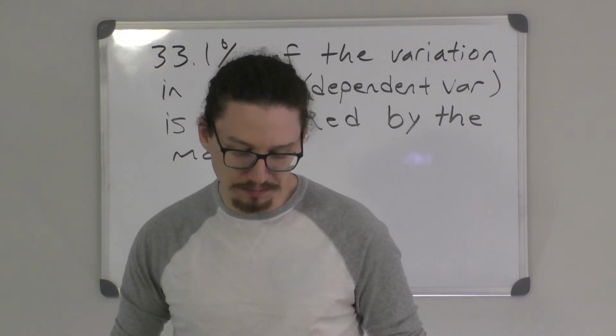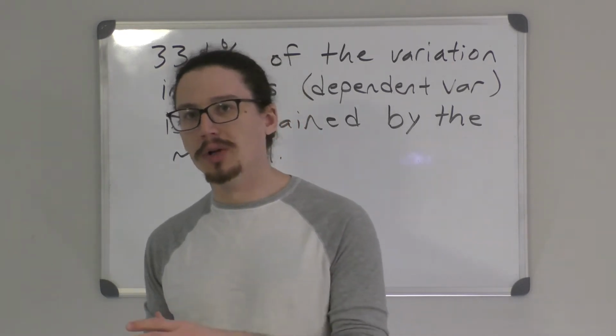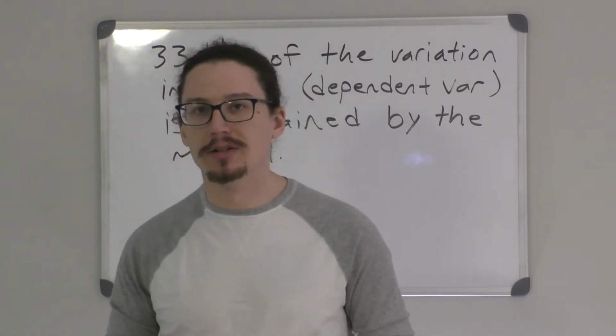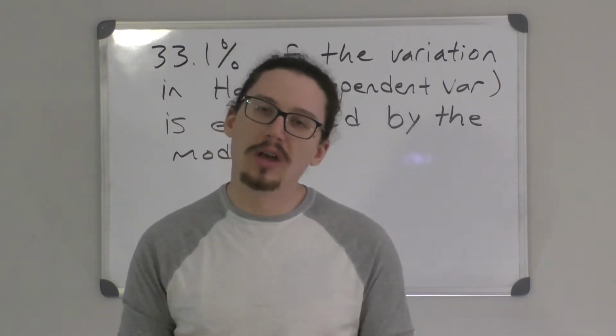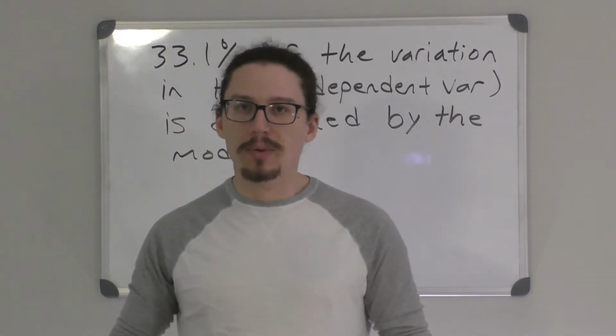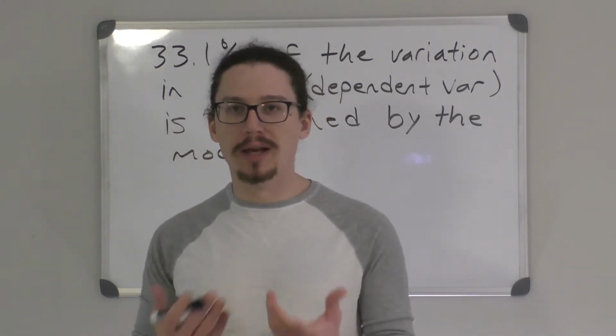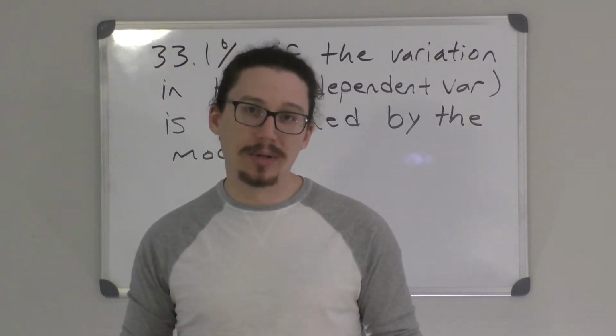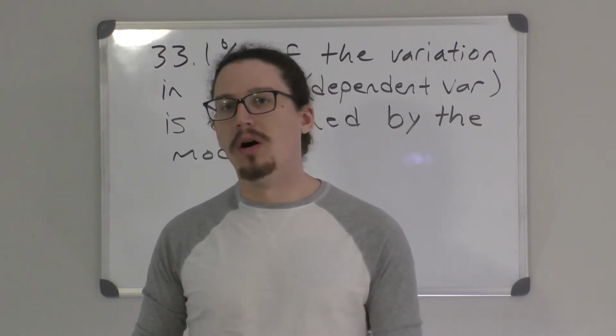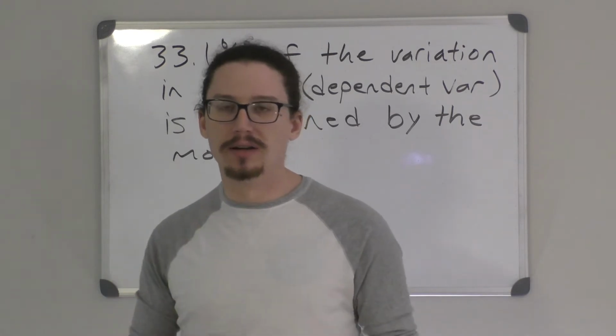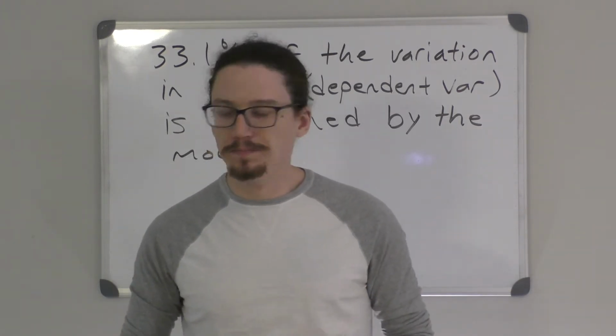Once we get into multiple regression, we can't do that because there's more than one, and you can't really parse out what's doing what. But if we only have one independent variable, then all of that explanation is coming from that one variable.